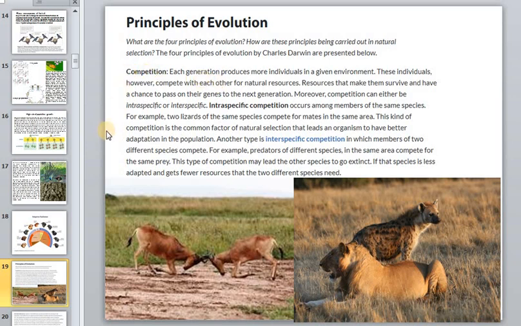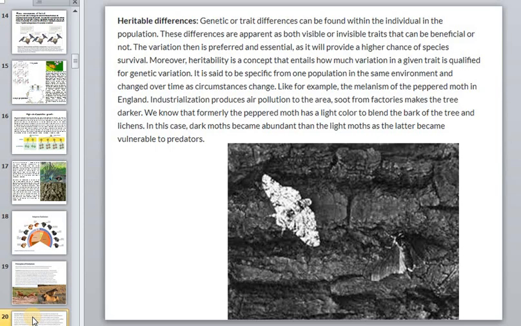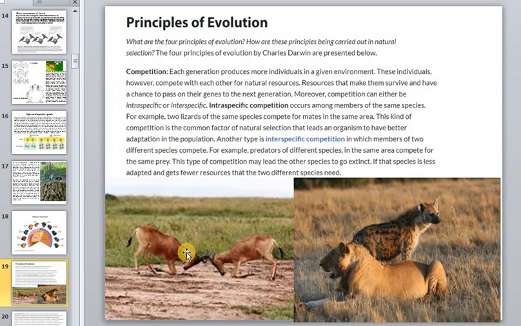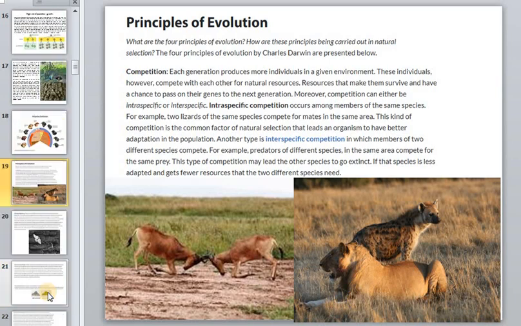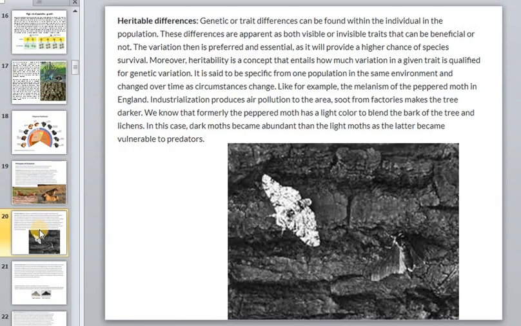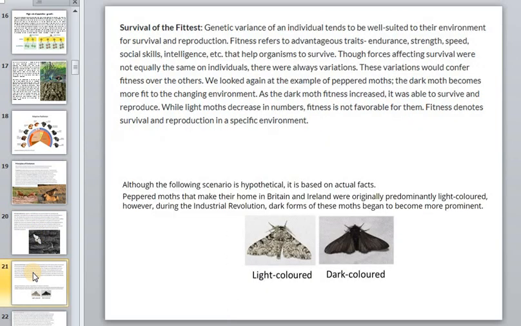First, competition, and you know that it can be interspecies competition, and here we see competition between different kinds of animals. The next one, heritable difference, and here we see a light-colored mole and a dark-colored one.